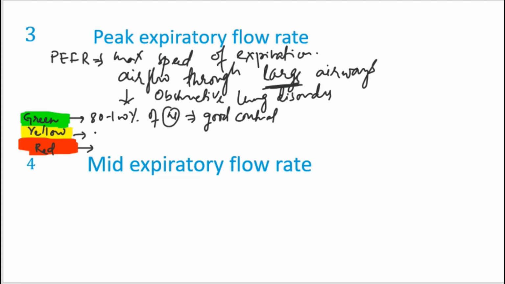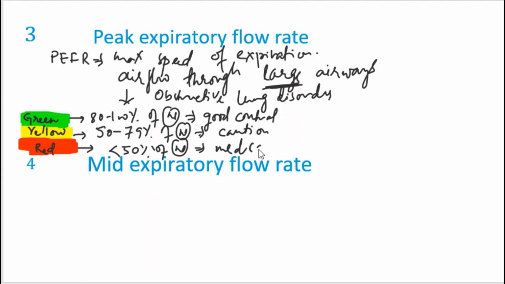What does yellow zone represent? Yellow zone represents 50 to 79% of normal, and that indicates you have to take caution. And if the PEFR reading is less than 50% of normal, that indicates a medical emergency.